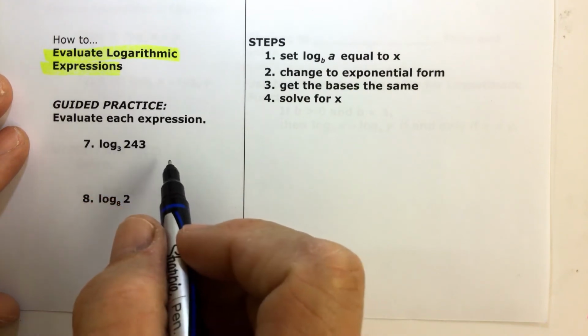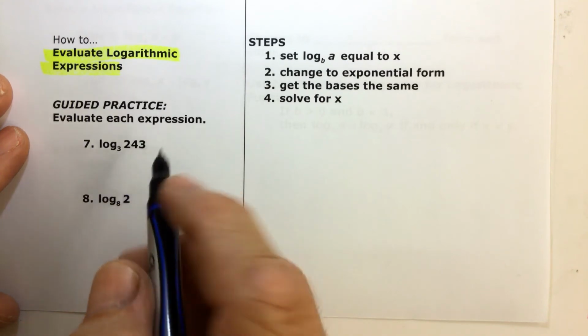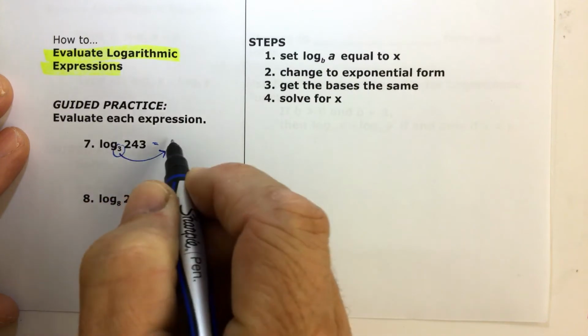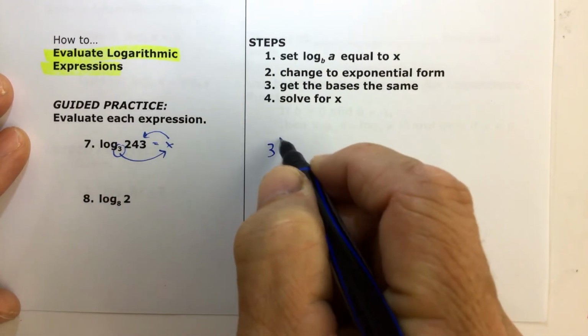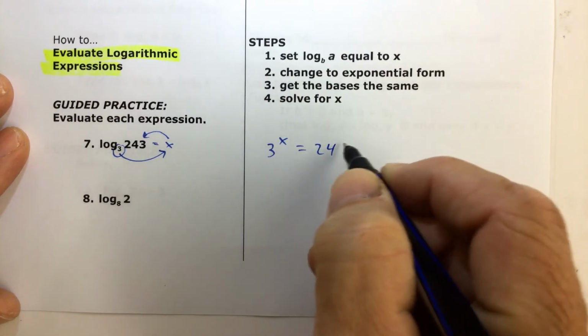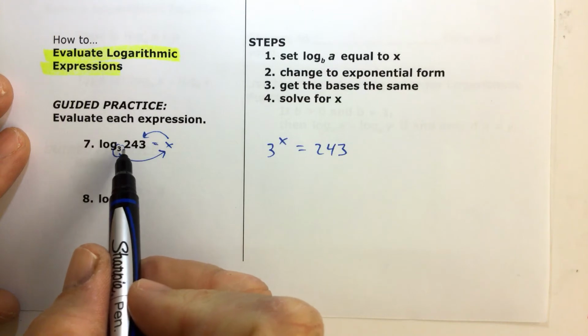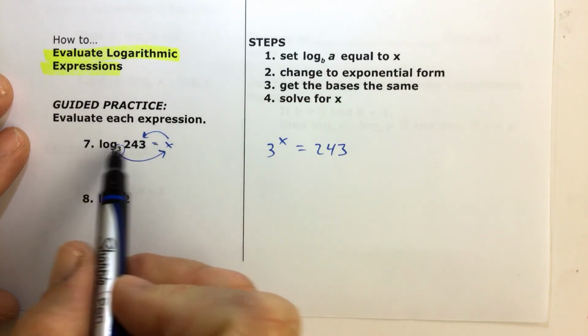In fact, if you remember what we talked about, a log is an exponent. It's the exponent that you have to raise the 3 to. So 3 to the what, and we'll call the what an x, equals 243. So 3 to the x equals 243. So when we solve for x, we're finding the value of the logarithmic expression. We're evaluating the expression, finding the value of it.